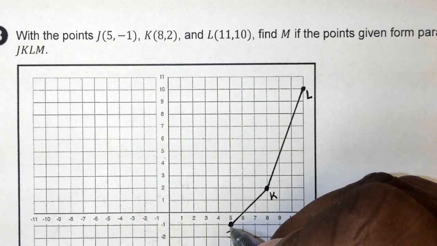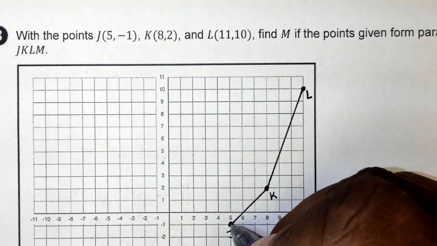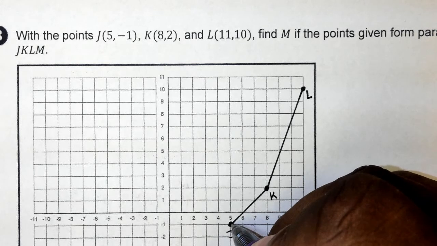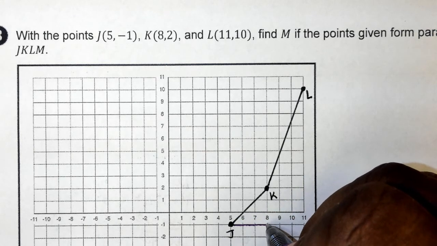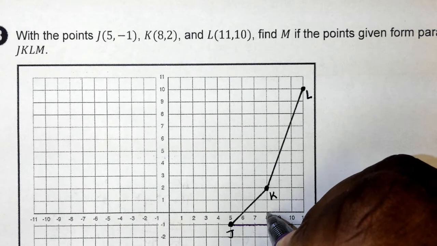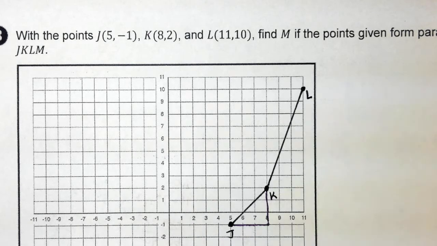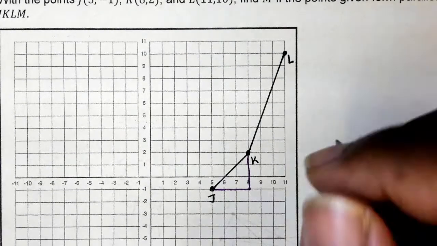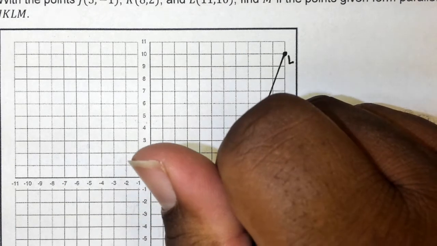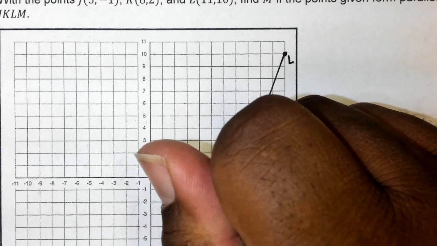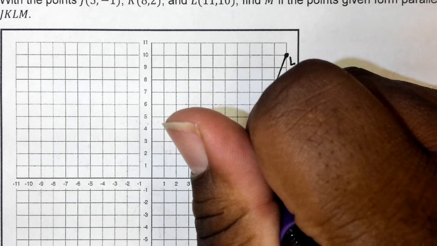I know J to K is going to have the same slope, so I'm just going to draw a triangle like we've been doing, from J to K, and then count that too. I went 3 to the right, and then I went 3 up.